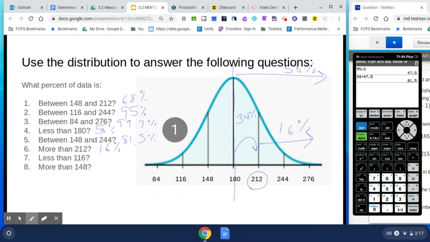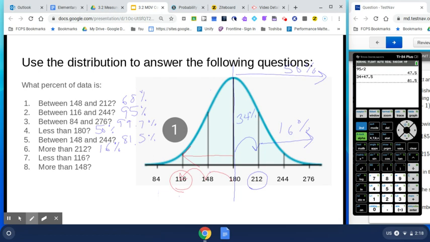There's also other ways that you could do that. Okay, let's take a look at less than 116. I'm going to change colors here. Less than 116. 116 falls on the left side of the mean, and notice that it's 2 standard deviations away. So I'm going to again think about just this portion. 2 standard deviations out in both directions is 95.